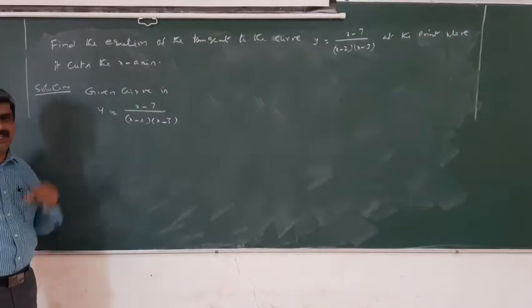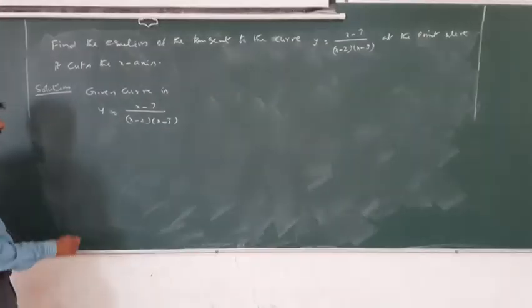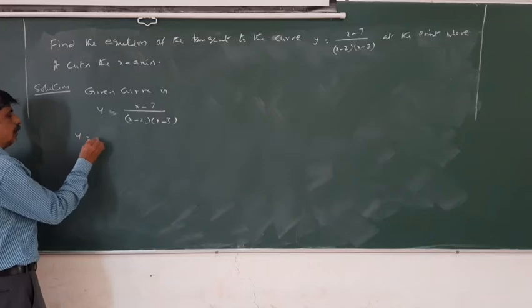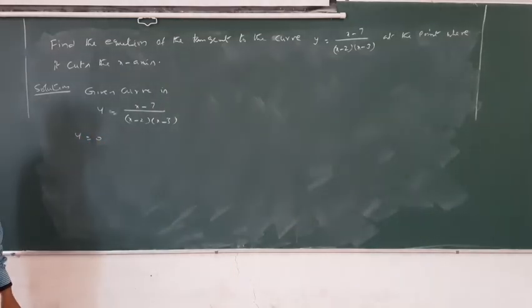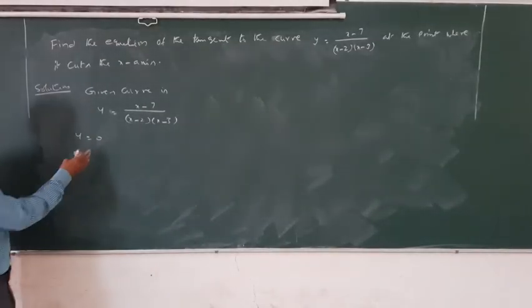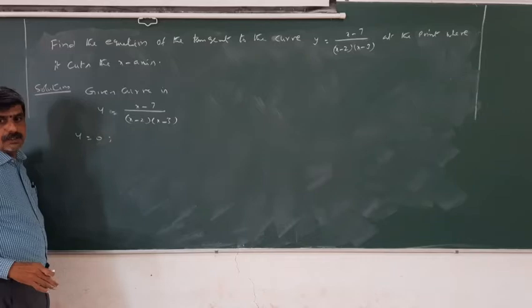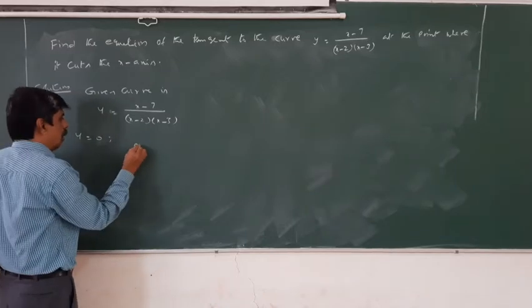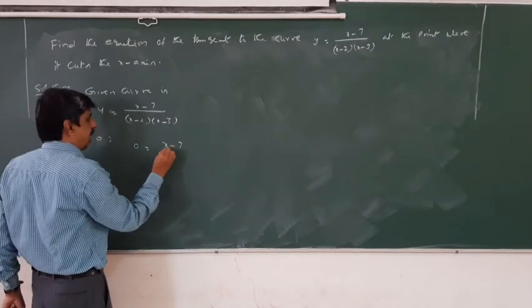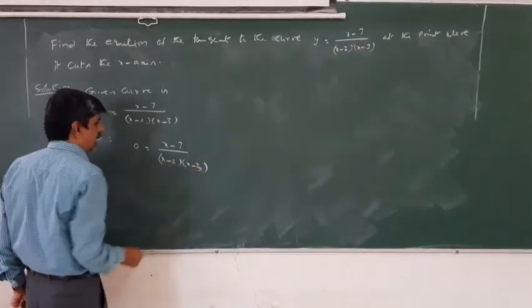Where it cuts the x-axis means, if any point lies on the x-axis, then y = 0. Substitute y = 0 in the given curve equation. So 0 = (x - 7) / ((x - 2)(x - 3)).